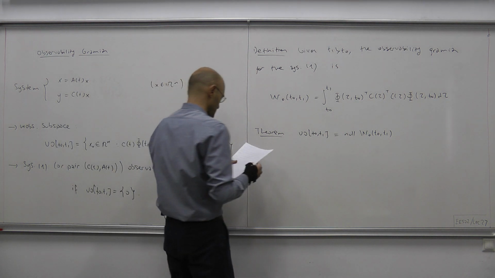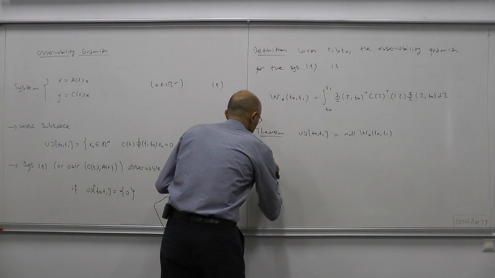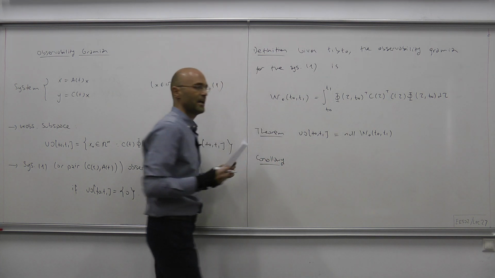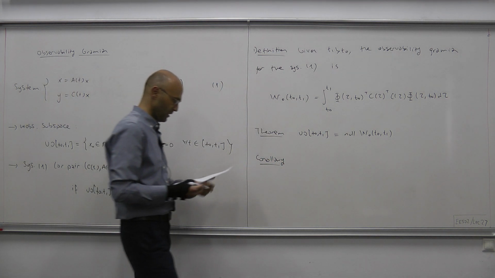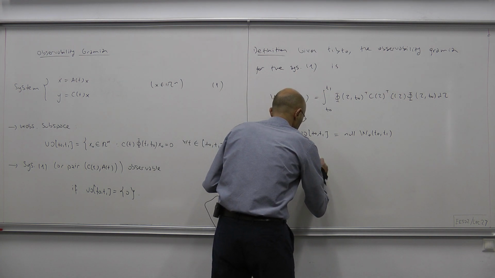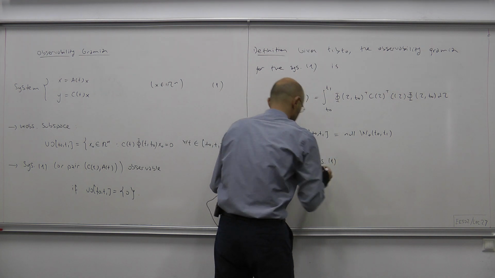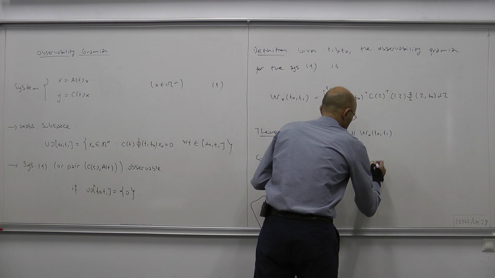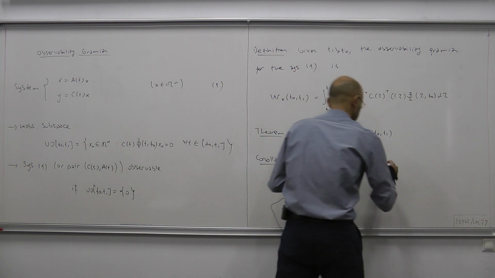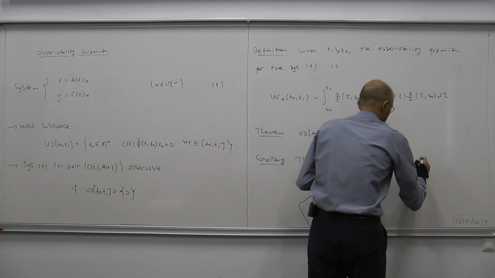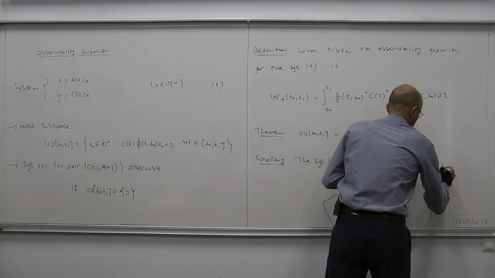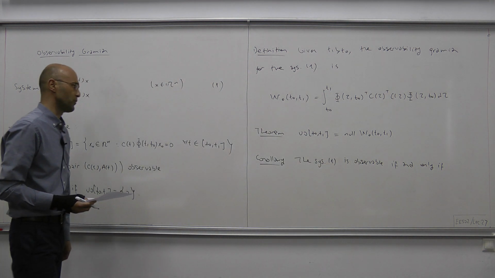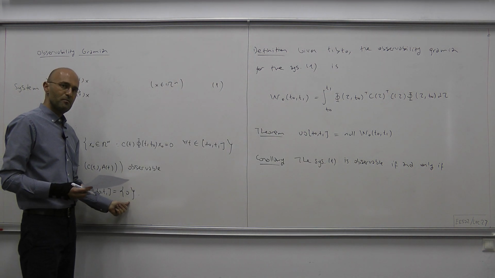And here is an important implication of this theorem. The system is observable if and only if the null space of the observability gradient is of dimension 0.